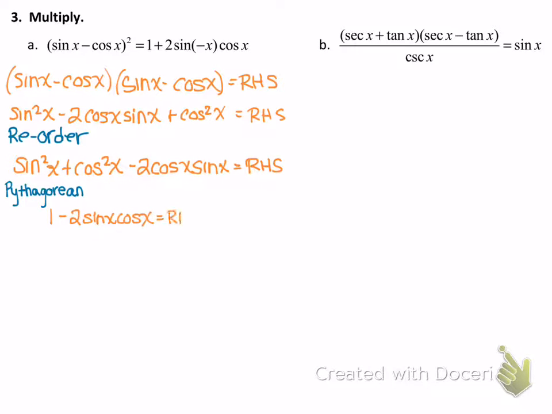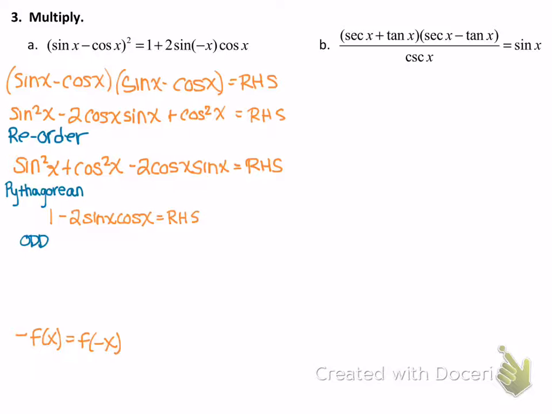Now while I'm looking at this, everything looks good except the fact that I have sine of x instead of sine of negative x. However, knowing our odd identities, it stated that negative f of x is equal to f of negative x.